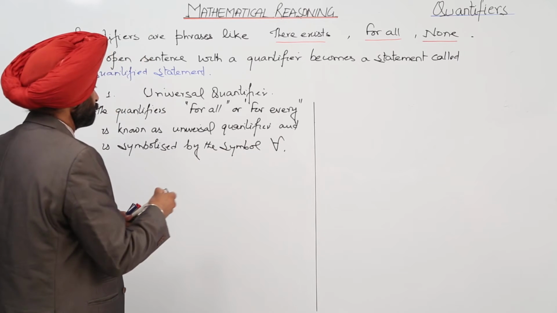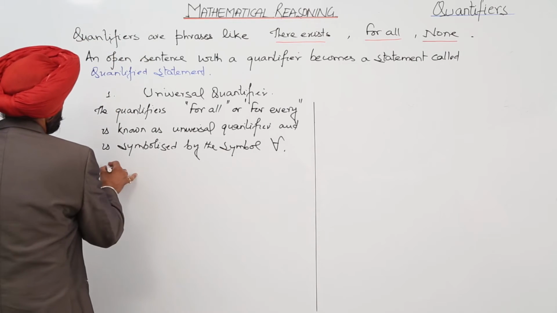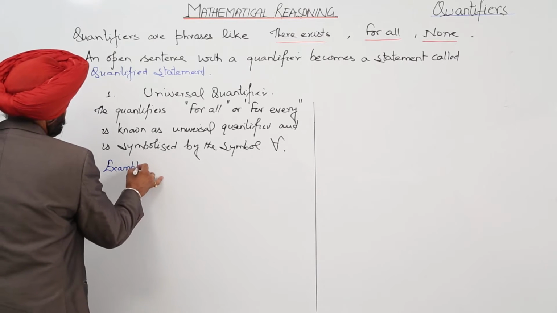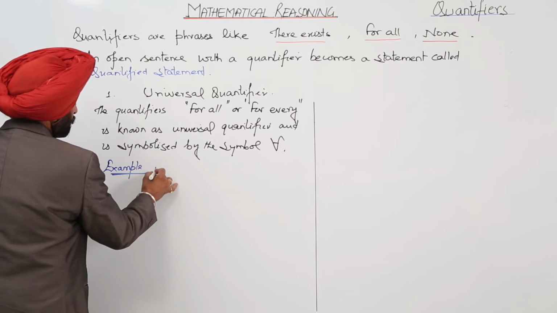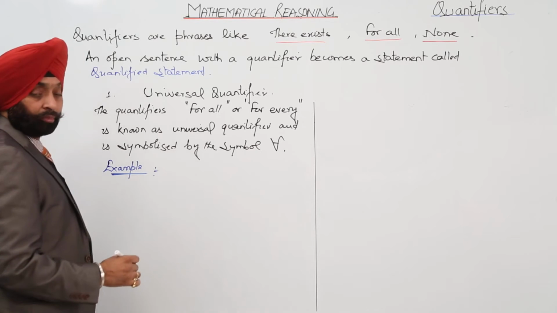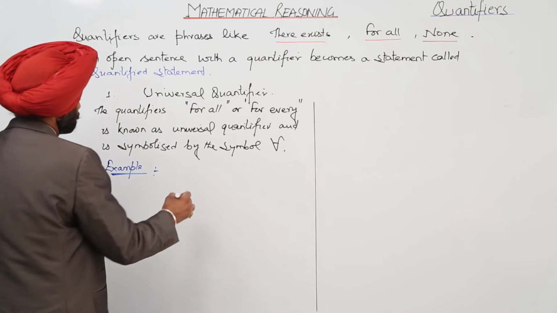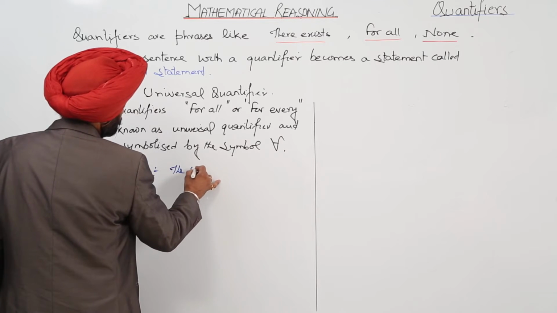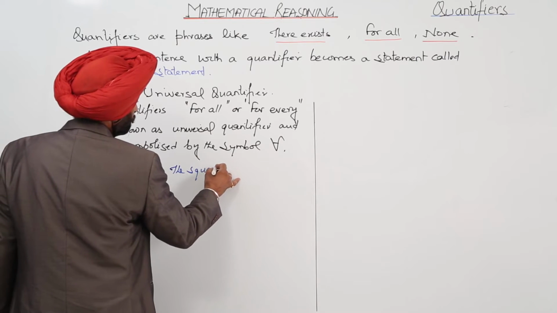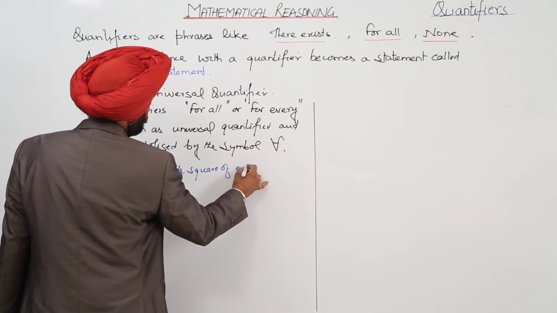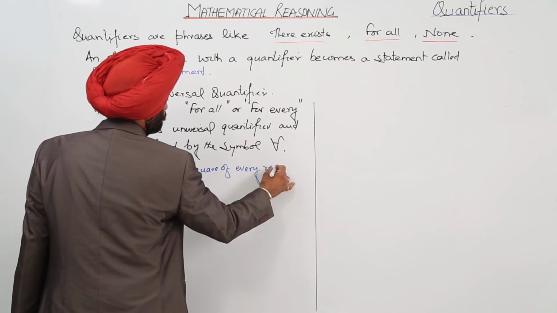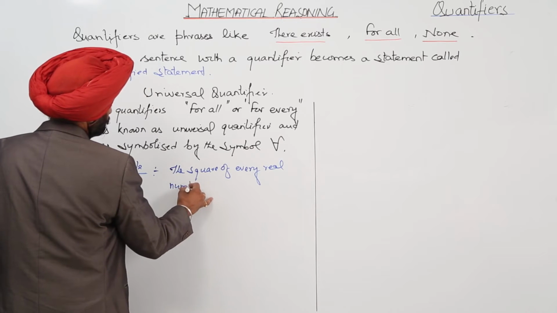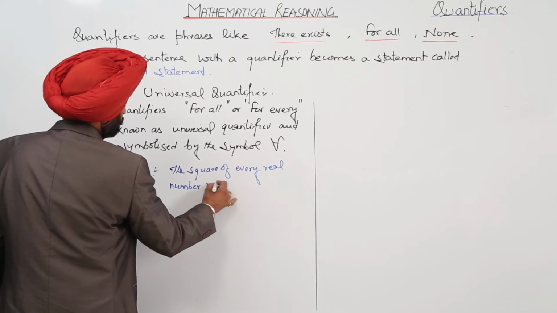Now for example, suppose we have an open statement. The open statement is: the square of every real number is positive.